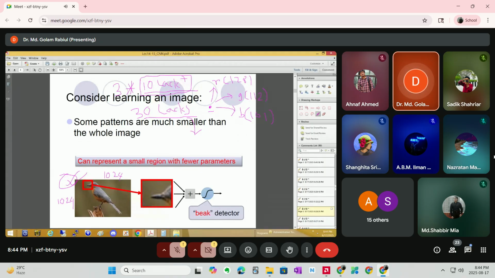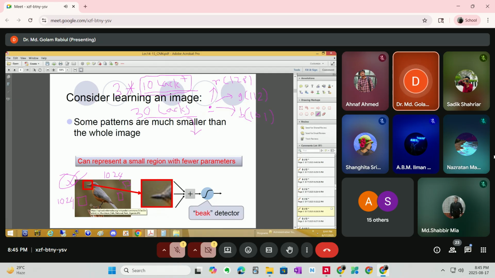So there are several pixels here, pixels there, pixels there. Actually there is no information in those pixels. So do we need to learn the parameters related to those pixels? Actually not, because those pixels have no information about this part.